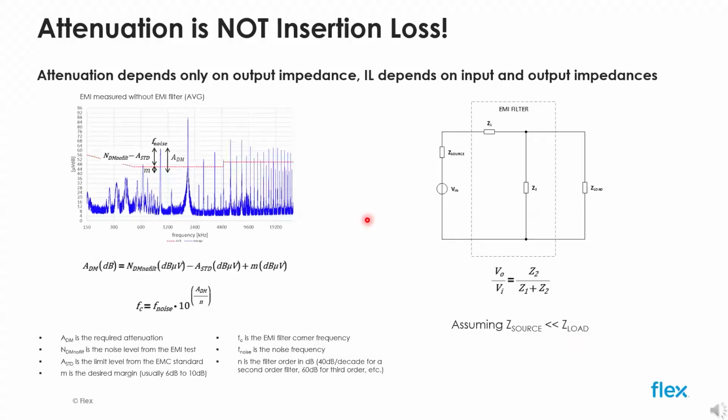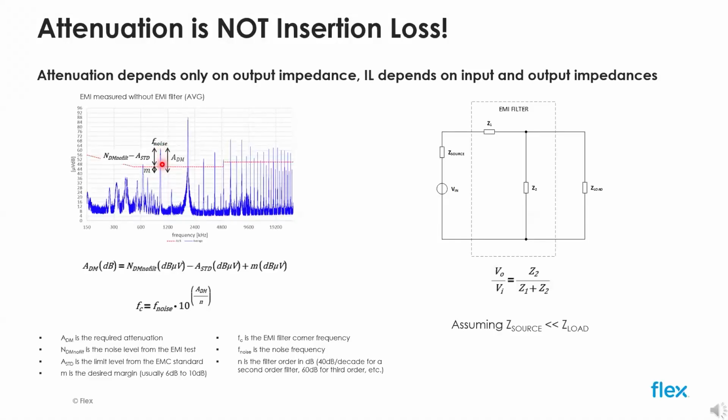From the EMI measurements without the EMI filter, we determine how much attenuation is required. The EMI filter is a low-pass filter, so we take the lowest noise frequency as our target. It is 1 MHz in this case. In general, this tends to be differential mode noise, and we label the noise as such in the formula.